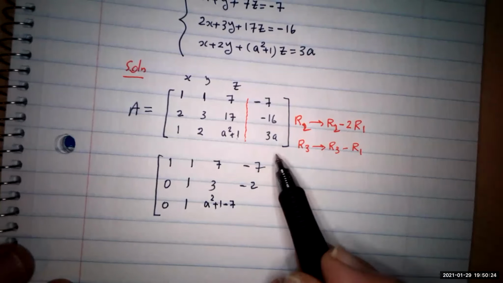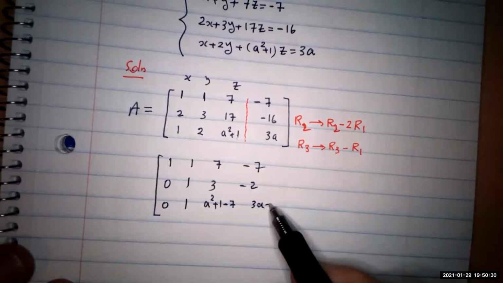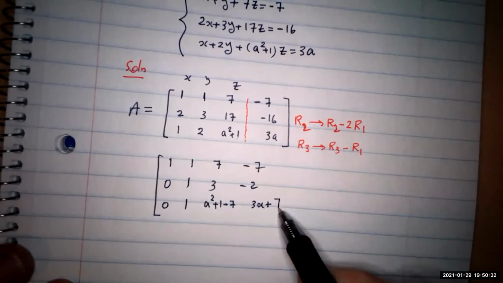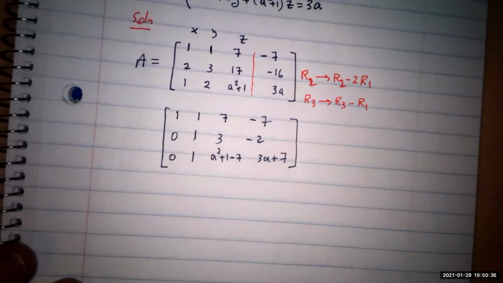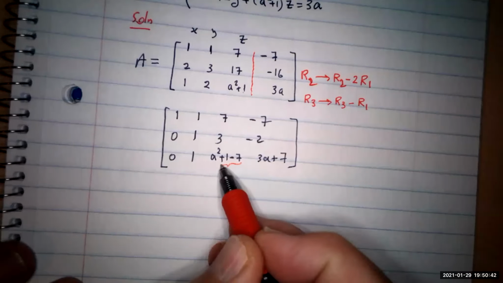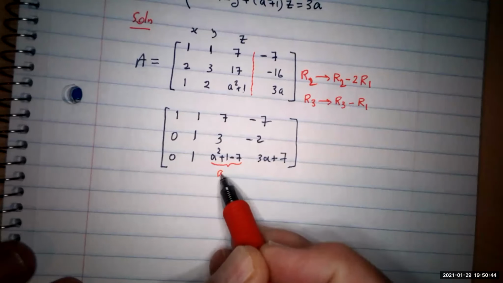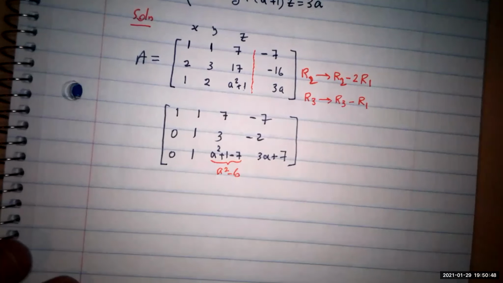On the other side, 3a minus R1 would be 3a plus 7. Okay, so this is what we are going to have. Now we simplify this part, and that will give us a squared minus 6.